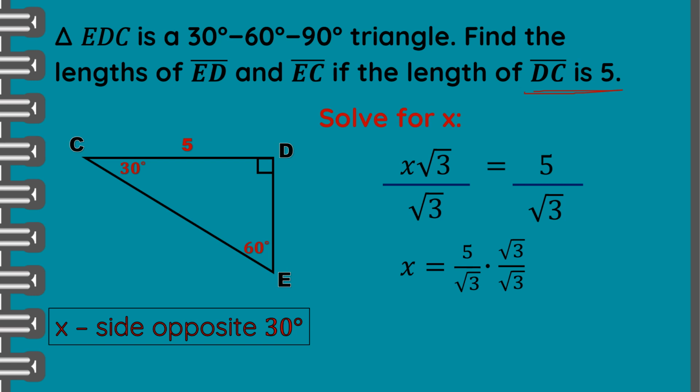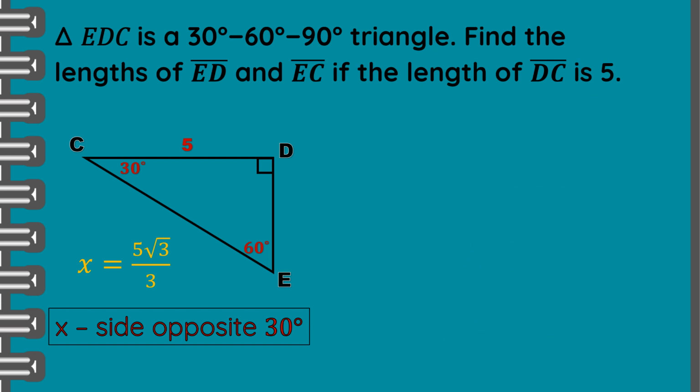So 5 times square root of 3 is equal to 5 square root of 3, and square root of 3 times square root of 3 is equal to square root of 9. And 9 is a perfect square number. Therefore, our final answer would be 5 square root of 3 all over 3. That is now our value of x.